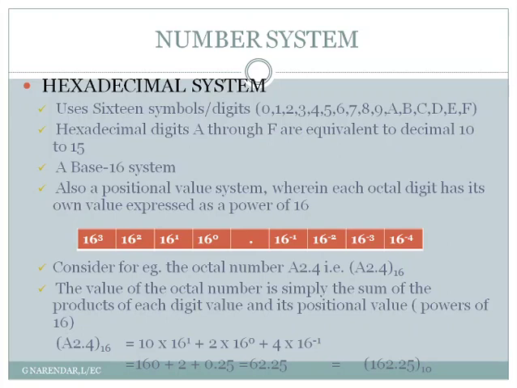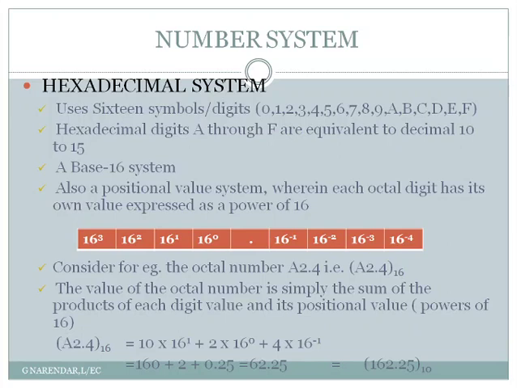That means when you want to calculate the value of a number, A should be given the value 10, B the value 11, C 12, D 13, E 14, and F 15. But when we are writing the numbers, we'll be using only these 16 symbols to write any hexadecimal number.